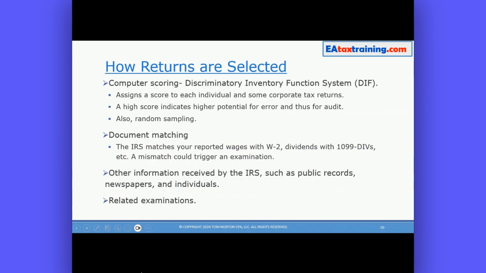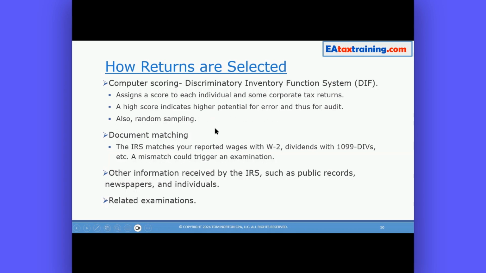So, how does the IRS select returns for audit? Well, they have this computer scoring system, the Discriminant Function System, or DIF system. It assigns a score to each individual and some corporate tax returns. A higher score indicates a higher potential for errors and thus for an audit.